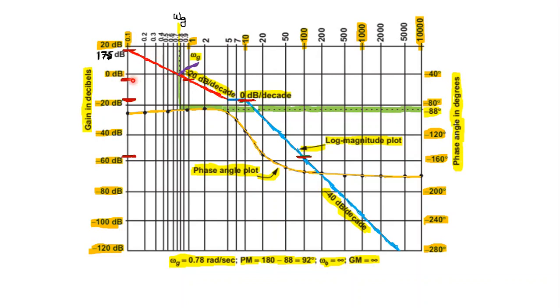So you will have some divisions in your Semilog sheet. So you can mark that minus 2.5 dB corresponding to 1. So make a point. Already you have marked the point. So these 2 points you join, and this slope is going to continue up to 5 radian per second, because 5 radian per second is the first corner frequency. After 5 radian per second, the slope is going to be 0.